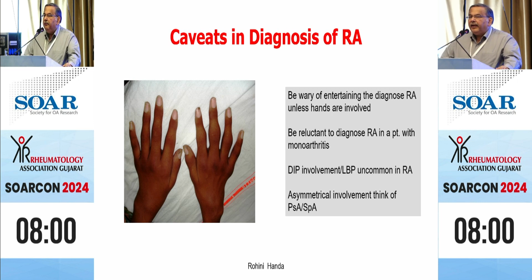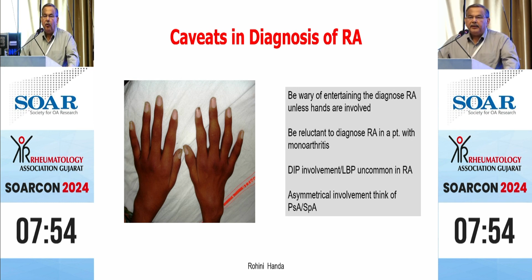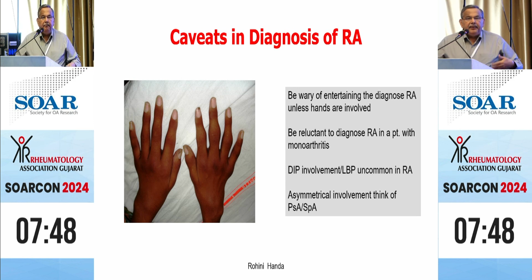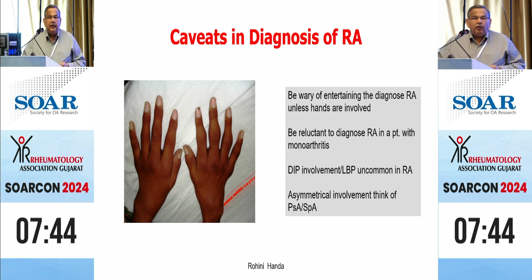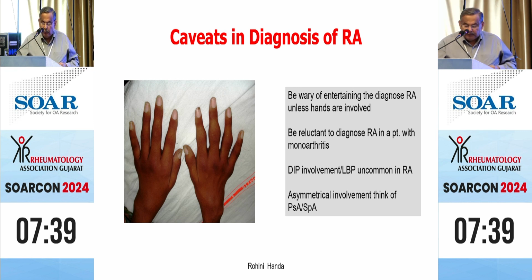One should be very reluctant to diagnose rheumatoid arthritis in a patient with single joint involvement, as in this young male. By definition, it's a polyarticular disease. Give it time, and what ostensibly appears as a single joint involvement would become polyarticular. Sometimes exceptions prove the rule.